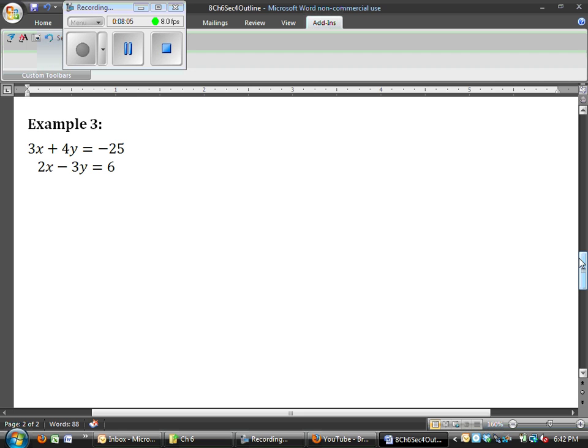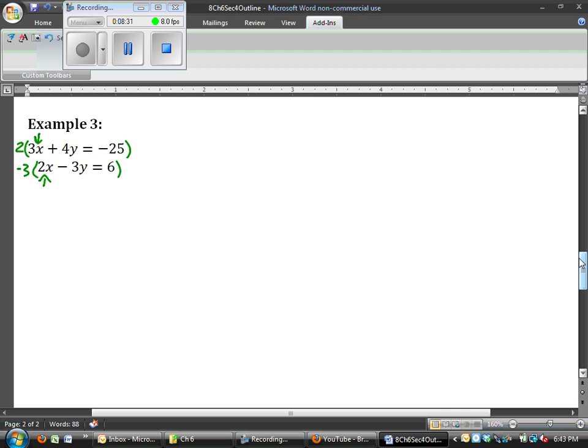And if I do that, I can see I can make this 3 and the 2 into a 6 very, very easily. Okay? So I can multiply this top equation by 2, because that's going to make my x value a 6. Then I would need a negative 6 on the bottom for my x value, so I'm going to multiply that by negative 3 to make that a negative 6.